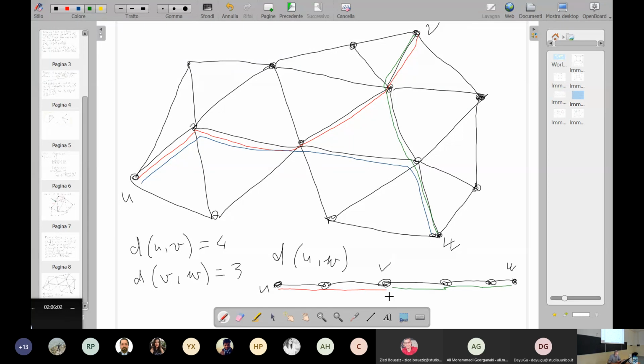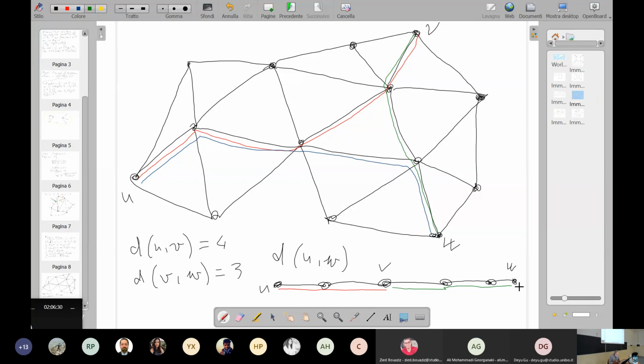Since there is at least a path from U to V, which has as length the sum of the distance U to V, 2, plus the distance V to W, 3, then you're sure that your distance from U to W is at most that sum.